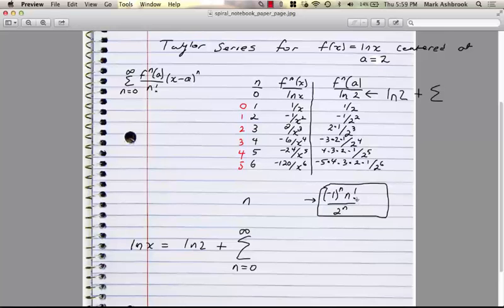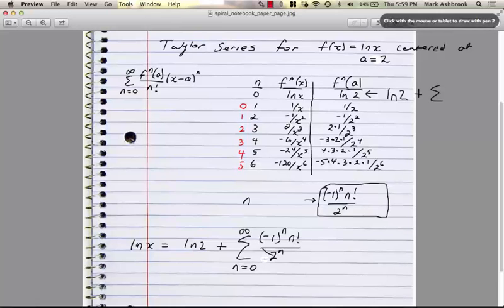So all this right there is this nth derivative at a, right?